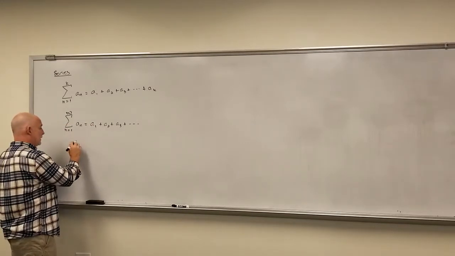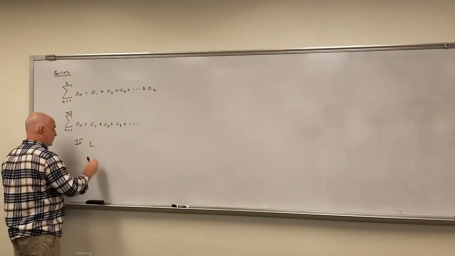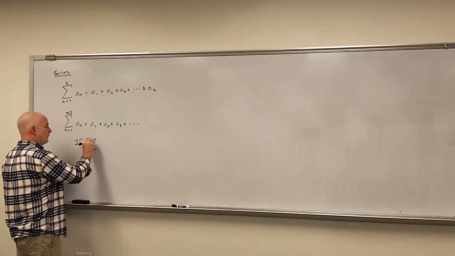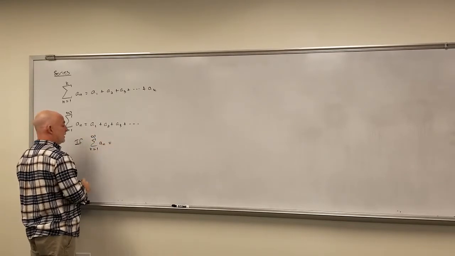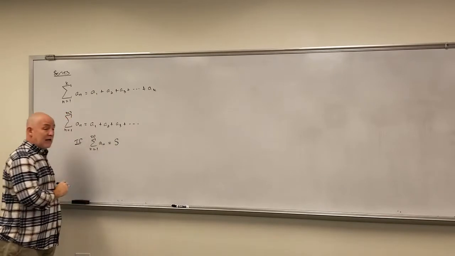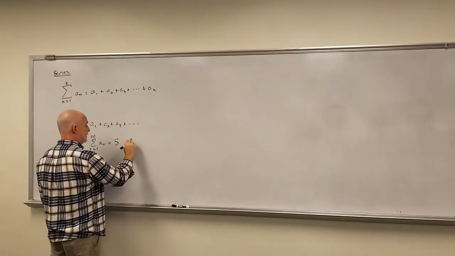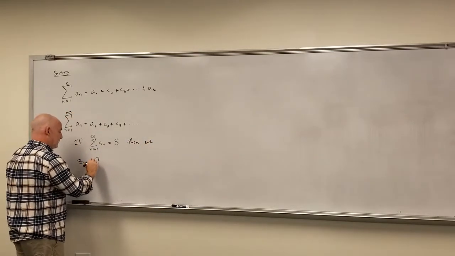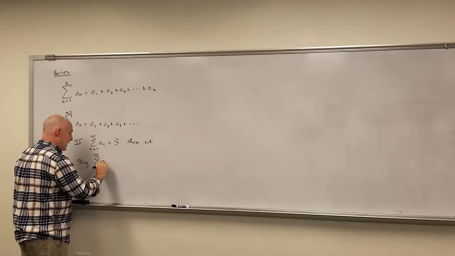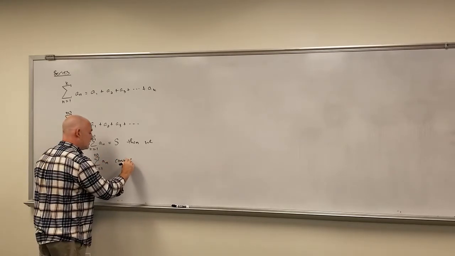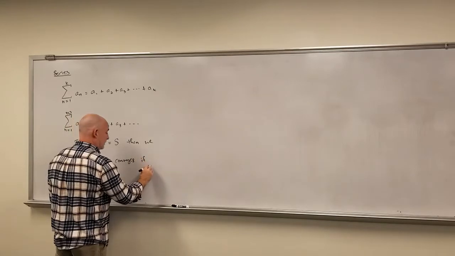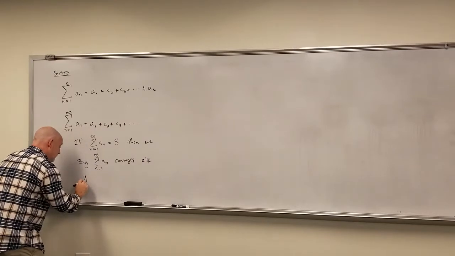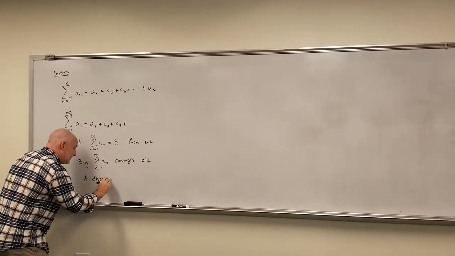Well, here's the idea. If the sum from n equals something, doesn't have to be 1, to infinity of a sub n is equal to a value, and I'm going to call it s, then we say the sum n equals 1 to infinity of a sub n converges, else it diverges.